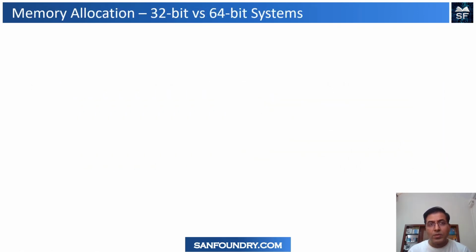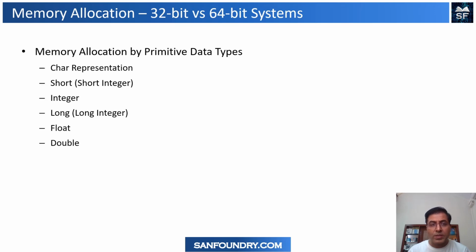When we move into a 32-bit versus 64-bit comparison, as I mentioned in the previous slide, everything is the same except for the interpretation of long. Long is 4 bytes in 32-bit and 8 bytes on a 64-bit environment. Similarly, we have long long, which was created for a specific purpose in the 32-bit world and became an 8 byte entity.